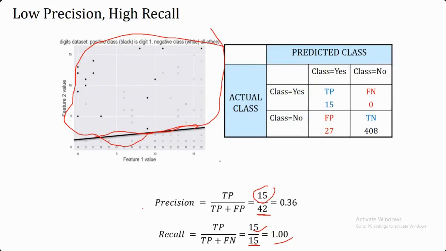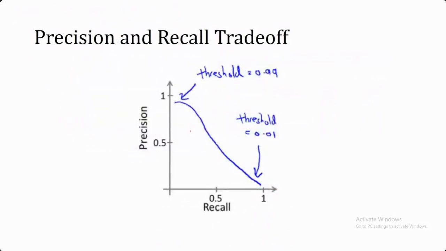So as I'm moving in this direction, my precision is increasing. As I'm moving in the other direction, the recall is increasing. In the other way, if I'm moving this way, my recall is decreasing. If I'm moving this way, my precision is increasing. So it's not always the case that if I'm increasing my precision, my recall is also going to increase.